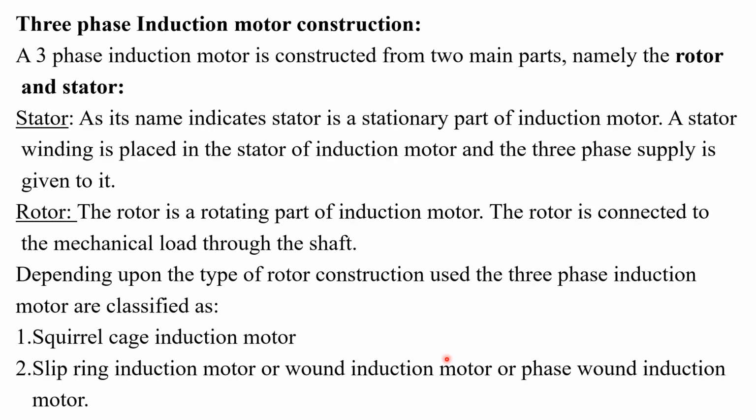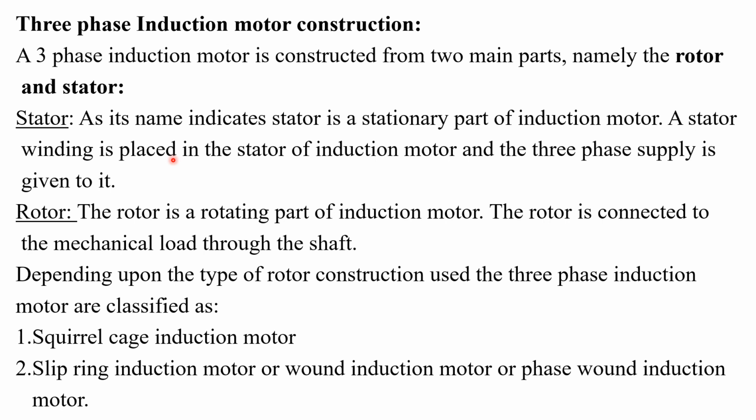So now let us see the construction of three-phase induction motors. For the construction, we need essentially two parts, a rotor and a stator. First, the stator. The stator is the stationary part of the induction motor, and the stator windings are placed in the stator.